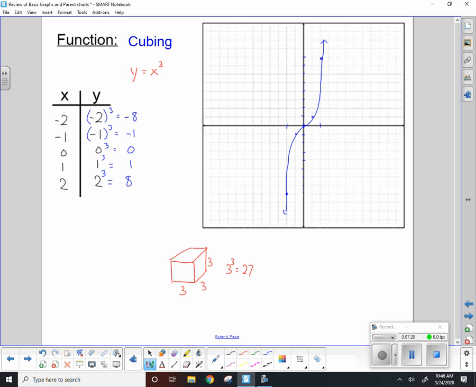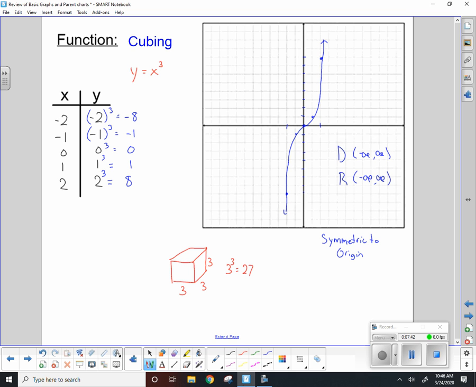So this is more like the identity, in that its domain is -infinity to +infinity. Its range is also -infinity to +infinity. This one, like the original, is symmetric to the origin.